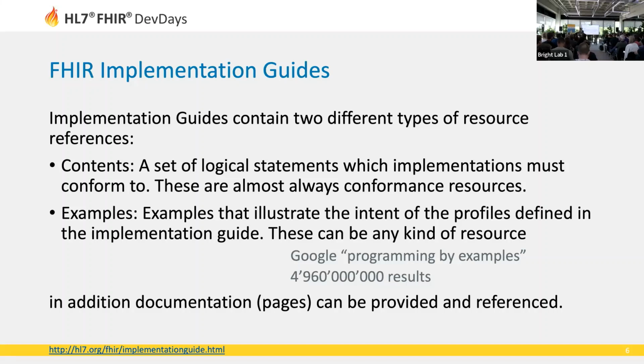Sometimes examples have a bad reputation, but if I can start from an example and look as a developer at how that works, I think this brings quite a lot of added value. And if you just Google programming by examples, you get a search result which is incredible. I think we are not off that FHIR implementation guides provide examples.